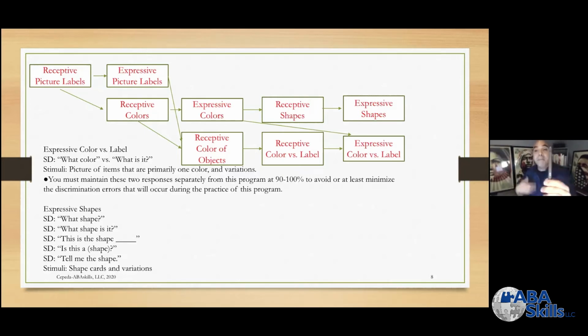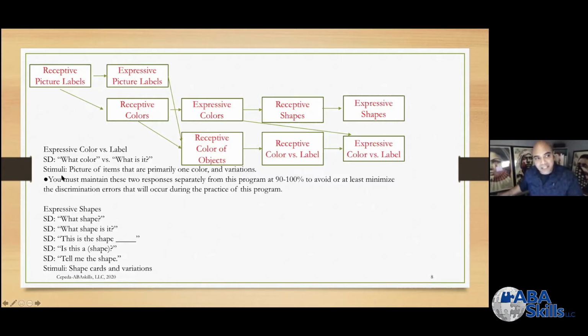They've emitted some specific behavior in its presence, and they heard the sequence of words that evoked that behavior, and they contacted reinforcement for it. And now they have to do something different. So even if you're trying to do things errorlessly, there are still going to be some discrimination errors. So just be prepared to fix those discrimination errors.